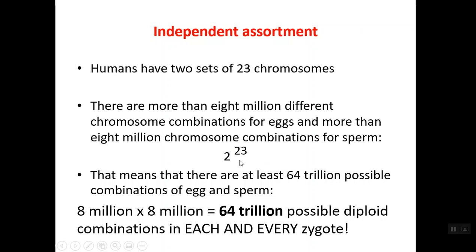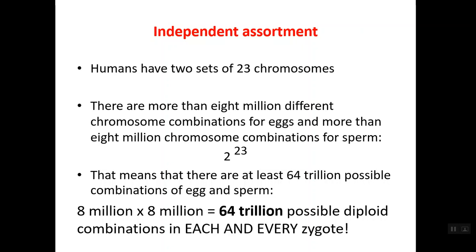You can do it with a calculator. So this means that there are more than 8 million different types of gametes that you and I can produce, given the chromosomes that we have received from our parents.